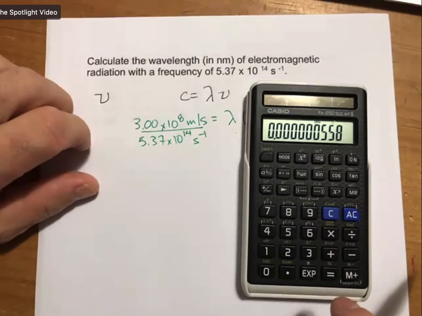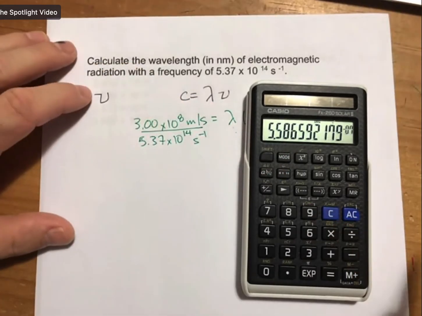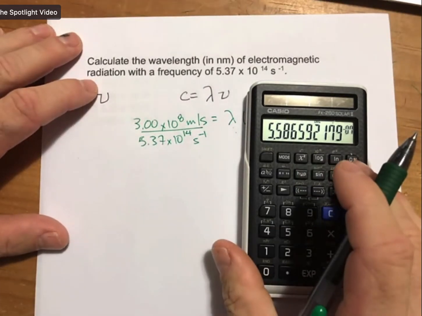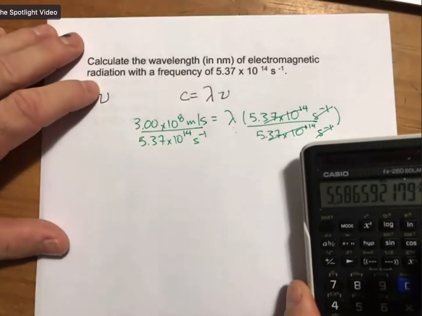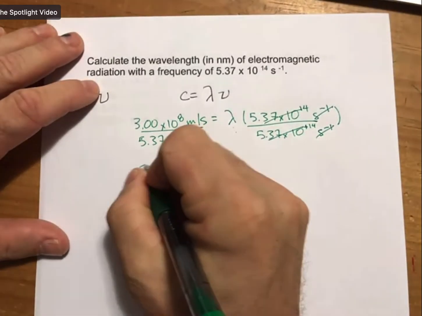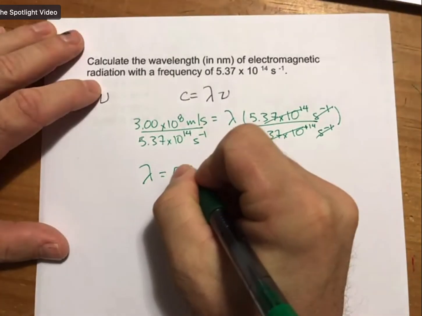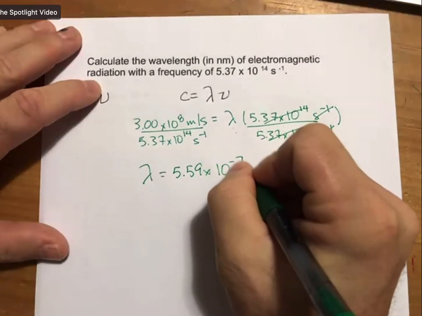And I get a number, let me put it into scientific notation here: 5.59 times 10 to the minus 7th. That's going to be my answer to 3 significant figures. Let me write that down. So wavelength equals 5.59 times 10 to the minus 7th.